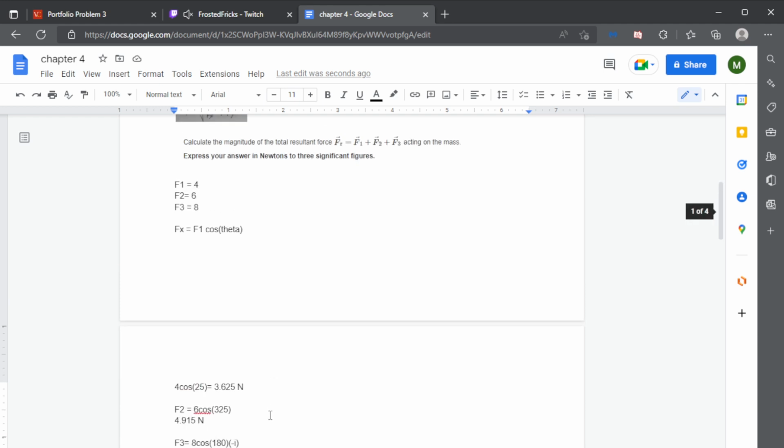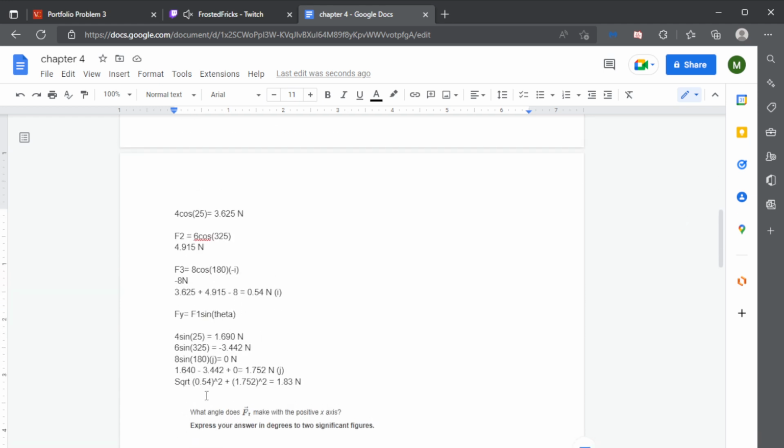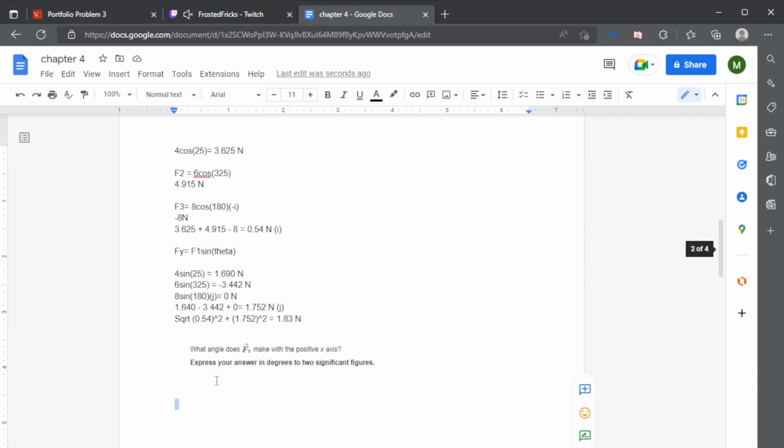We use the total amounts that we found already to plug into our formula. So inverse tangent of 1.752 over 0.54 will equal 72.86. We're not done here yet.